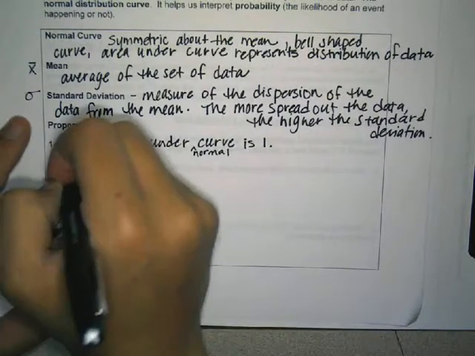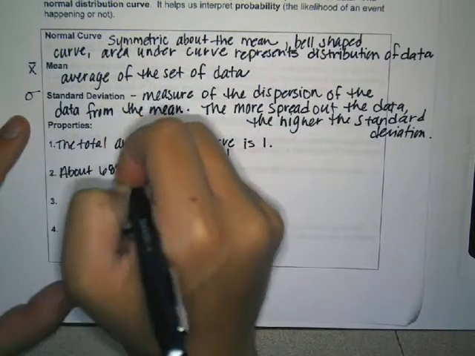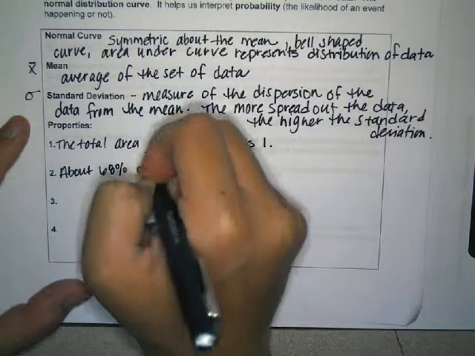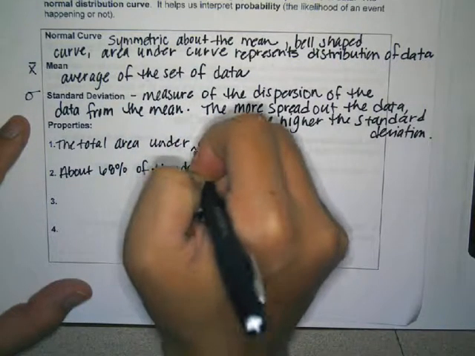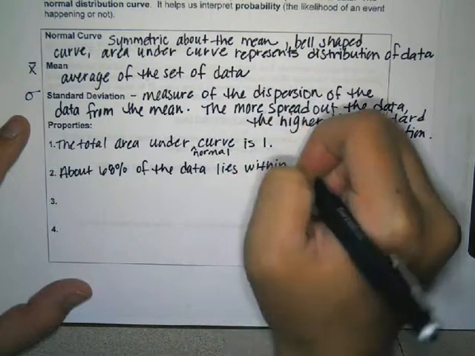About 68% of the data lies within one standard deviation.